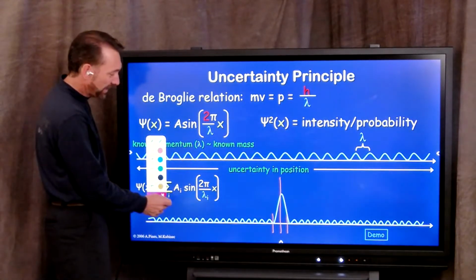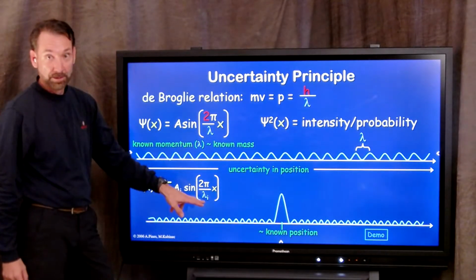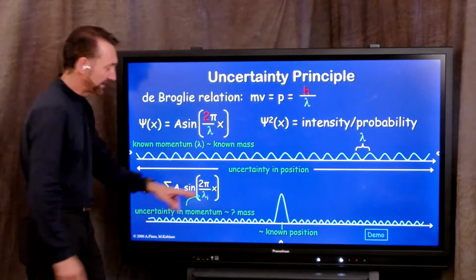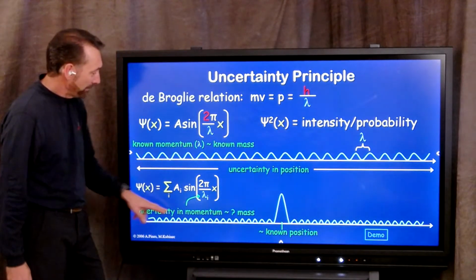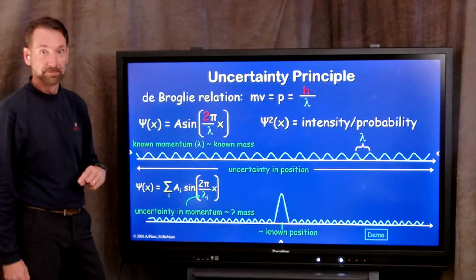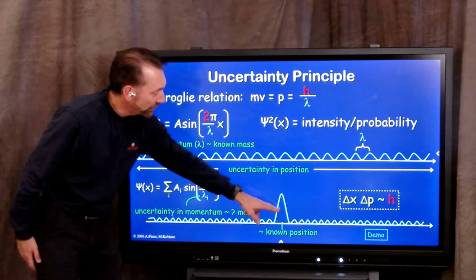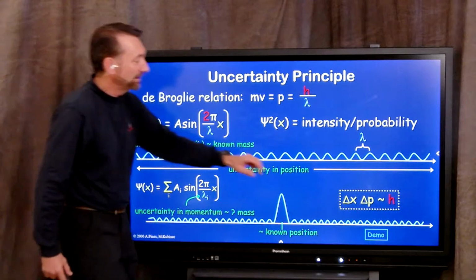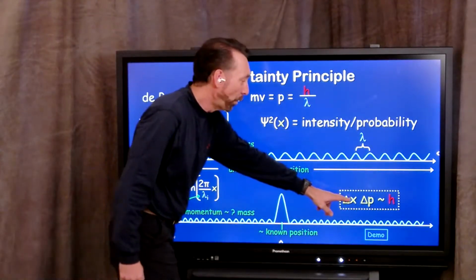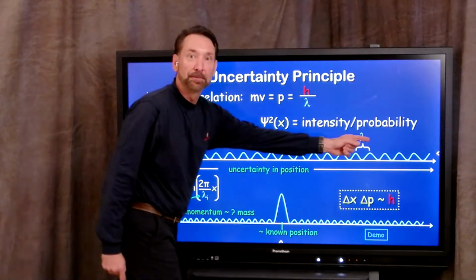But a lot of wavelengths means you don't know what the energy is. You don't know what the momentum is exactly, because you're saying, I'm going to take a lot of different wavelengths. So if I take a lot of different wavelengths, I can constrain the position, but I lose my information about the momentum. If I take one momentum, I lose my information about the position.